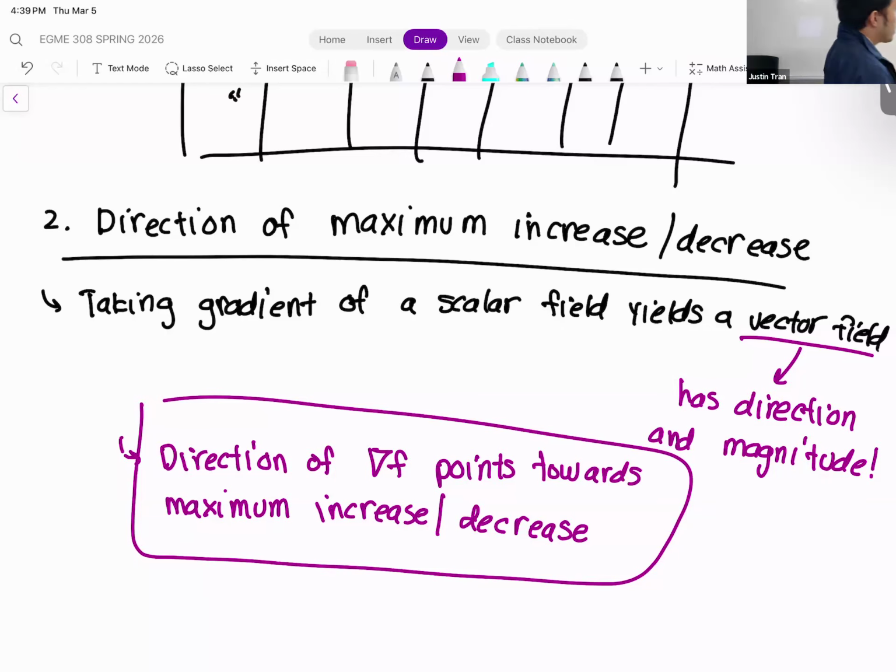It's a very simple concept that actually has a lot of very profound applications and interpretations.